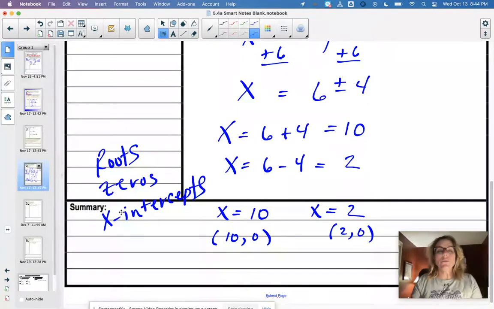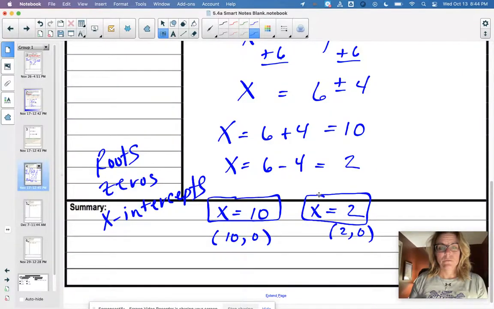And the method we used was completing the square. It's a method that we use typically when a trinomial is not factorable or a quadratic equation is not factorable.